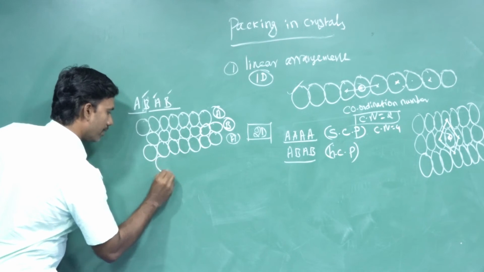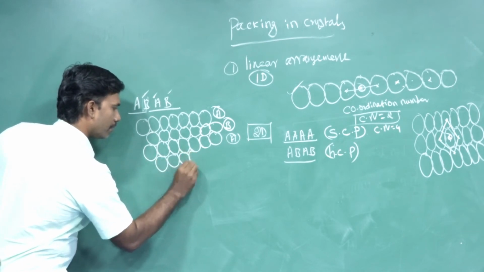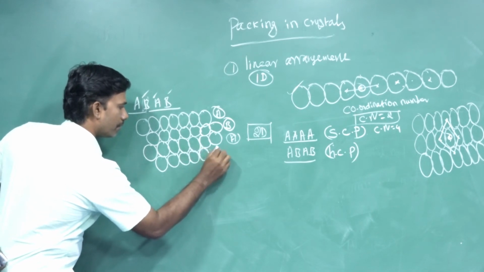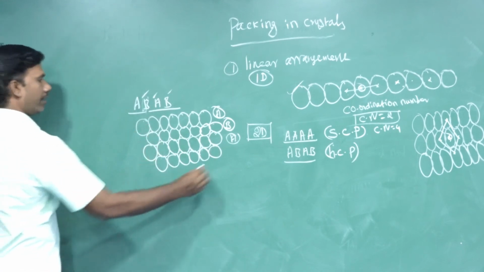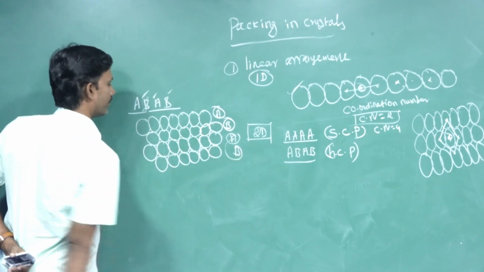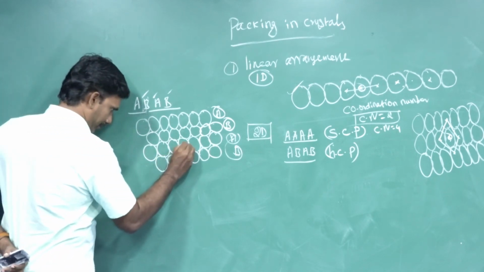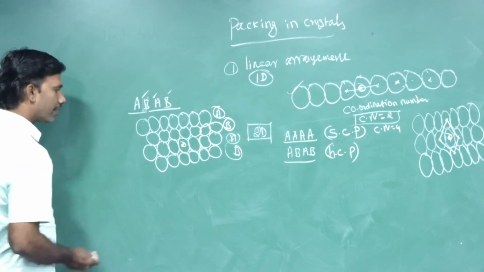Again you start with here. If we go on like A, B, it will go on like this. Now if you locate one atom, one sphere, I am considering this sphere. See, how many of them are directly attached?